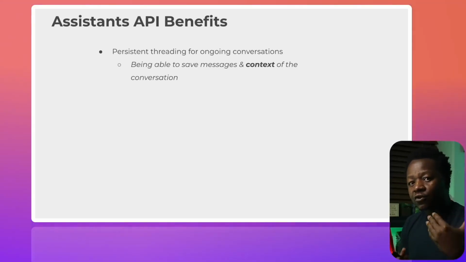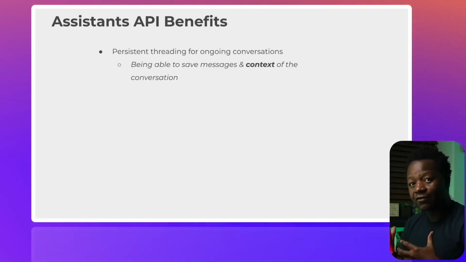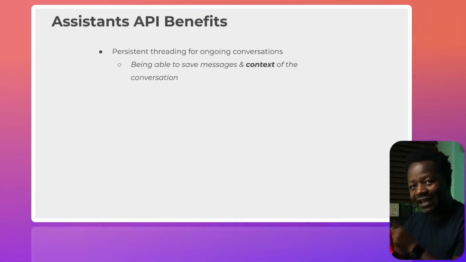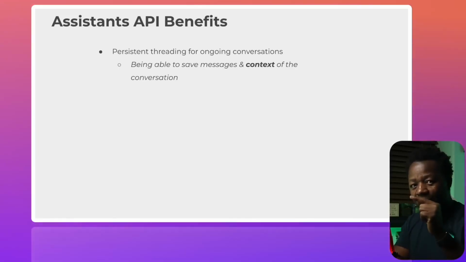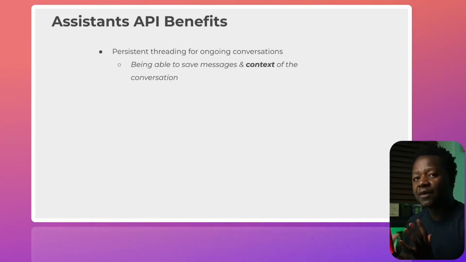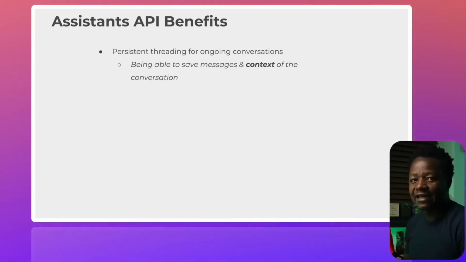That way, let's say you're creating a bot, you don't have to save that context yourself, so that when you ask a question that needs knowledge of the previous conversation, the bot will actually know what it's referring to because it has the context. Okay, that's huge because now we don't have to worry about that. The Assistance API has that built in.